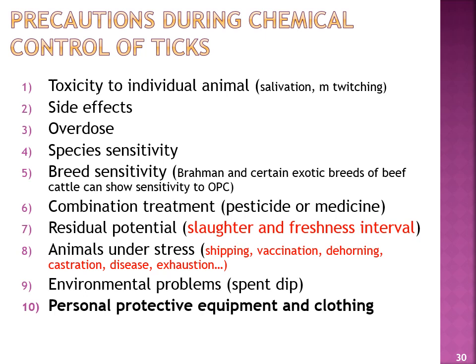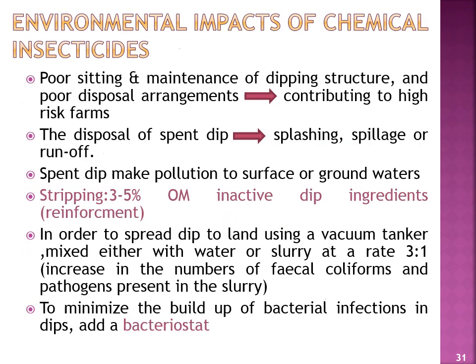The most important concern of using chemical control is its environmental problem. The insecticides used when we dip the animal or spray a large amount of insecticide could have the potential to damage the environment.